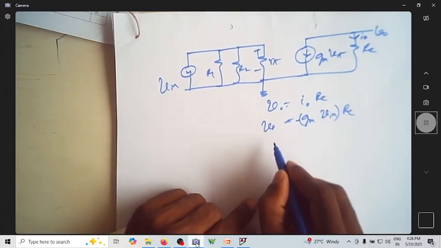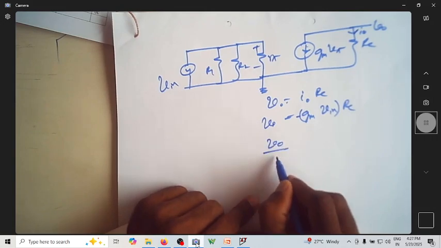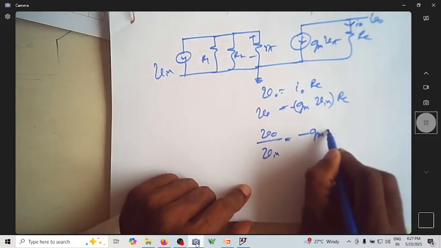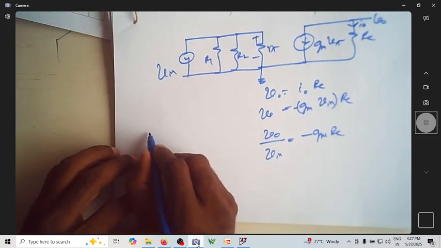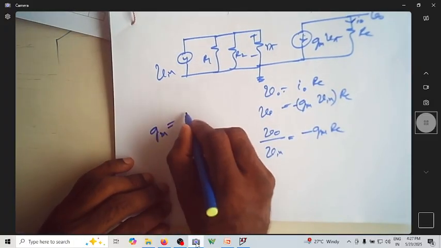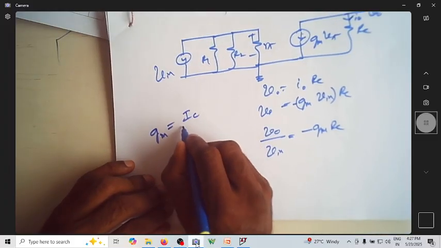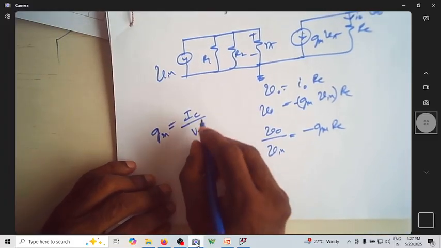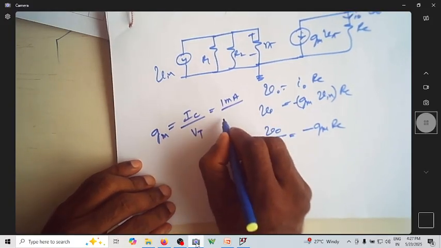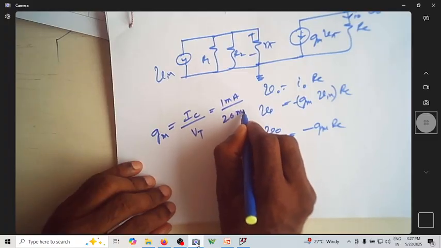So this is V naught. What is V naught by V in? It's actually minus gm into Rc. As you know, in the earlier videos we said that gm is equal to Ic by VT. How much is Ic? It is 1 milliampere and VT is 26 millivolt.